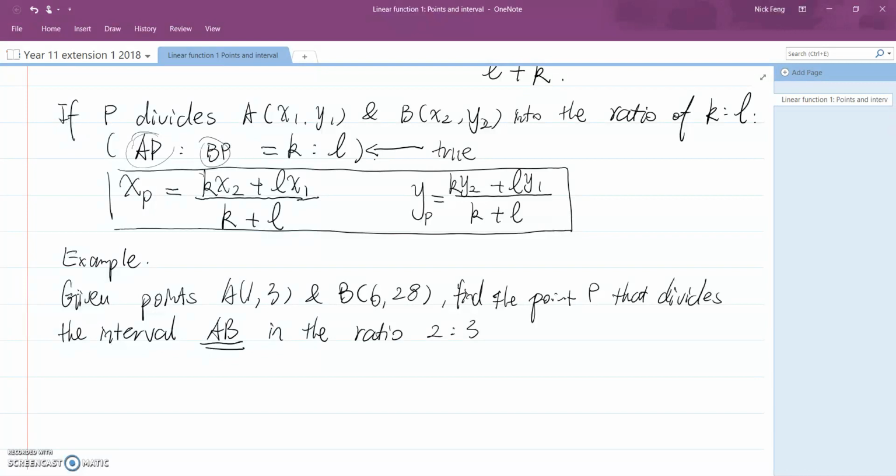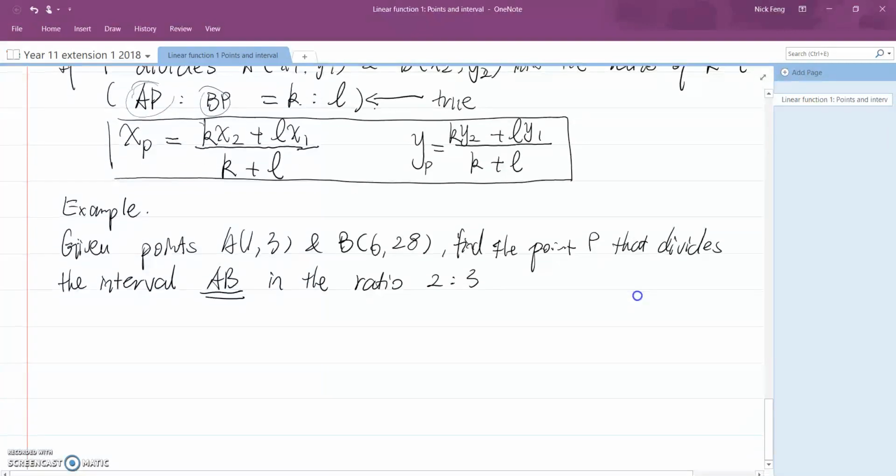You need to understand the meaning when it says P divides AB into 2 to 3. You don't have to draw this every time, but here is a very essential understanding. If I have A, P and B here, P is at the point where this is 2A and this is 3A.